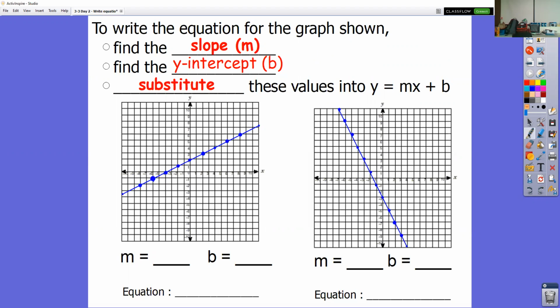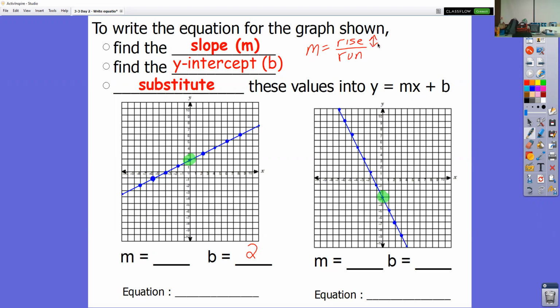Okay. First thing you want to find is where it crosses the y-axis. Okay, that is your b term. So this first one crosses the y-axis at +2. And then, as we learned yesterday, to find slope when you're looking at a graph, it's rise over run.